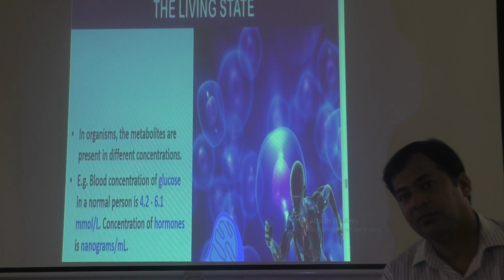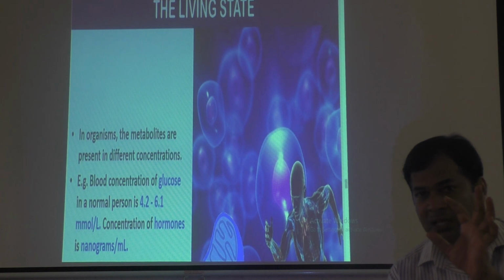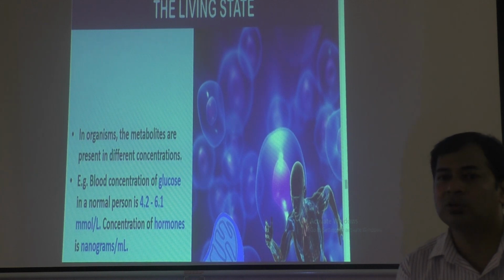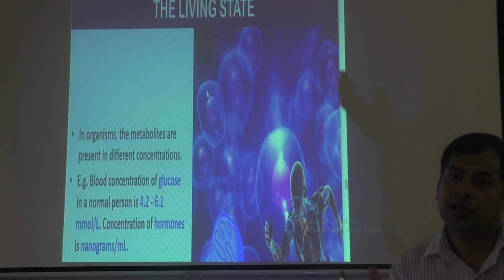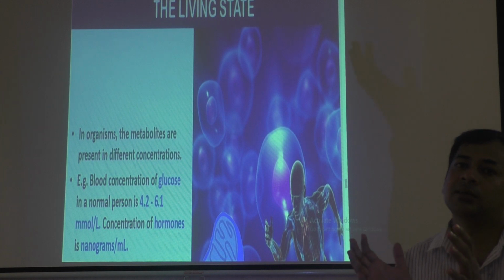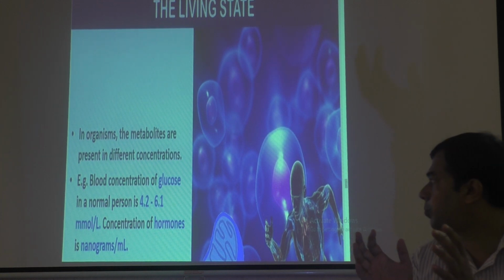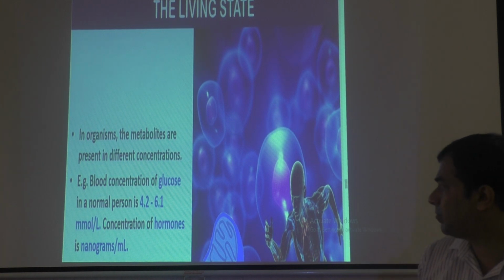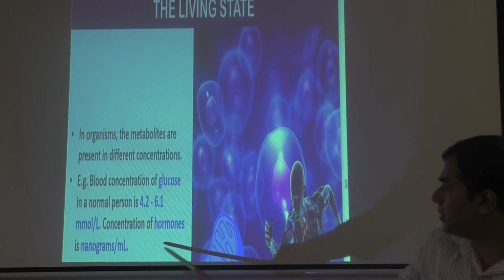It means for every 1 liter of blood, 4.2 to 6.1 millimole of glucose will be there.